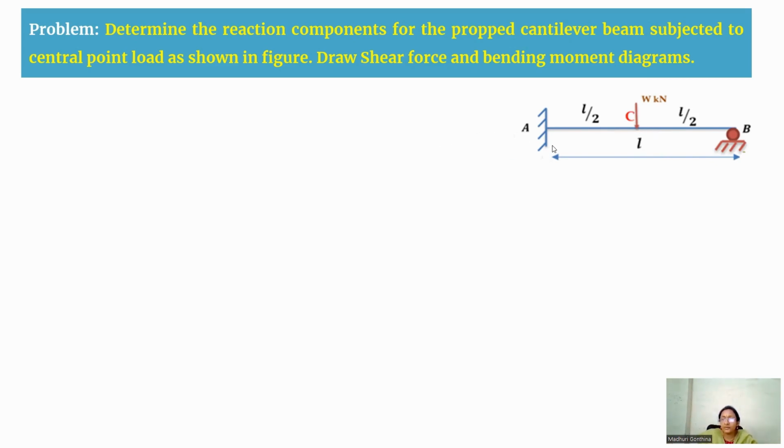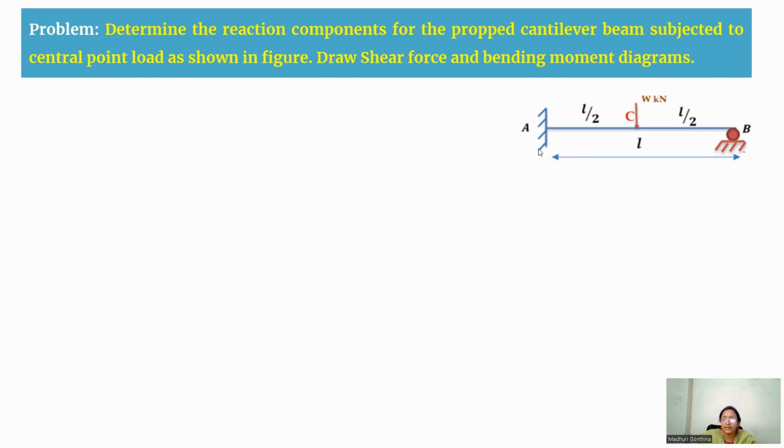First we are going to determine the reaction components for this entire propped cantilever beam. We'll check whether the static equilibrium conditions are sufficient or not. For that, we are going to find the degree of static indeterminacy first. Before that, we'll calculate the number of reactions.